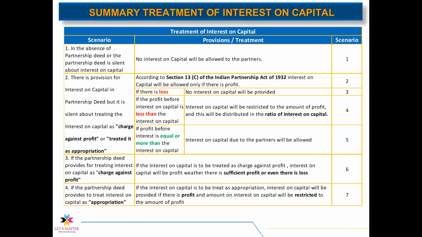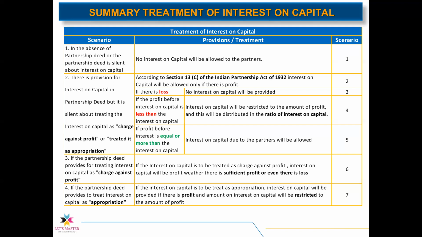Now, if the partnership deed provides for treating the interest on capital as charged against profit, that means the partnership deed is very clear. We will provide interest to the partners on their capital at a rate of 12%, and this interest on capital will be treated as charged against profit. Then the interest would be provided to the partners on the capital no matter whether there is sufficient profit or even losses.